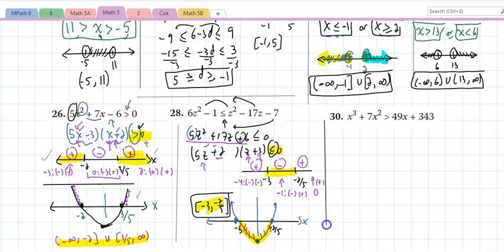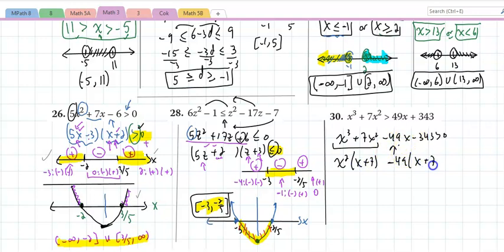So graphing a parabola is something that we know how to do. This problem here doesn't work unless you want to graph a cubic, which you can, but we're going to learn that in this class later on. So I get everything on one side, 0 on the other side. And the greatest common factor between those is an x squared. That will leave me with an x plus 7, and -49, that will be an x plus 7.